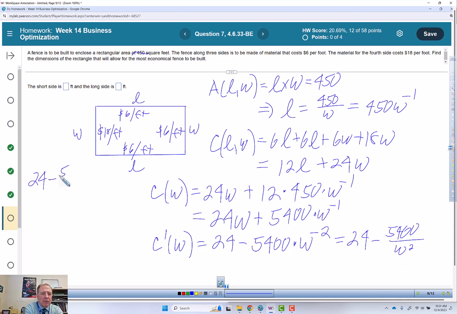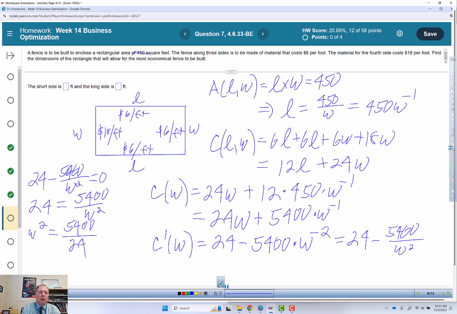24 minus 5,400 over W squared equals 0. Adding this to both sides, I get 24 equals 5,400 over W squared. So W squared equals 5,400 over 24.